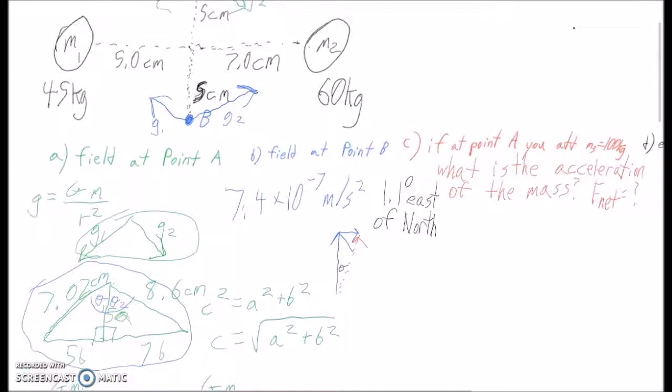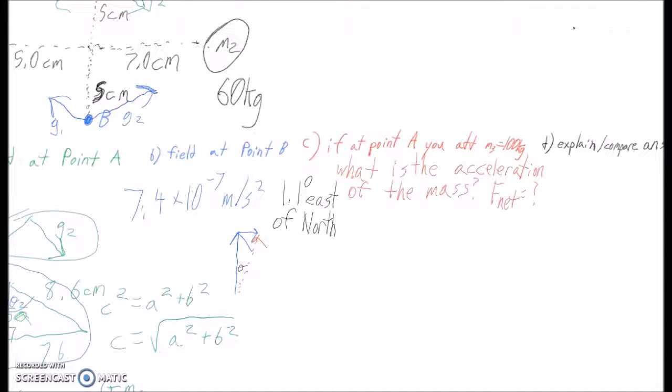Let's just plug that in. That's our acceleration. So 7.4 times 10 to the negative 7 meters per second squared. And acceleration always needs to have direction, so 1.1 degrees east of south. Great. So there's our acceleration.